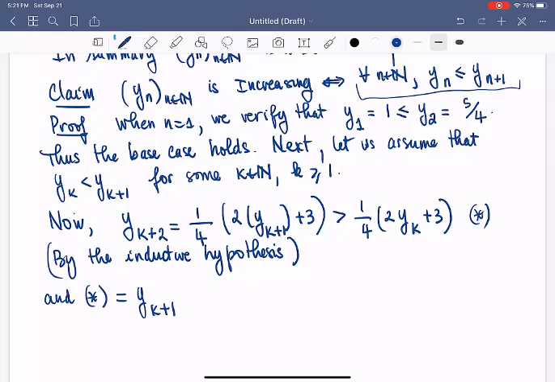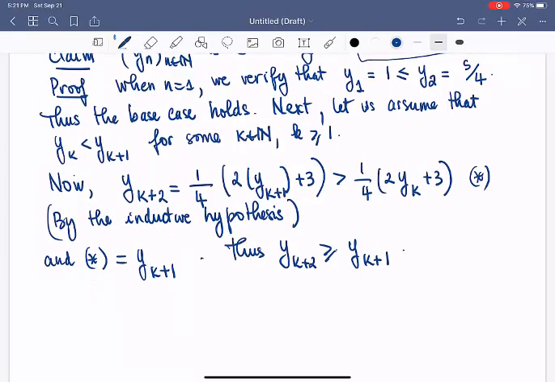Okay, so we've proved that, so thus y sub k plus 2 is greater or equal to y sub k plus 1.